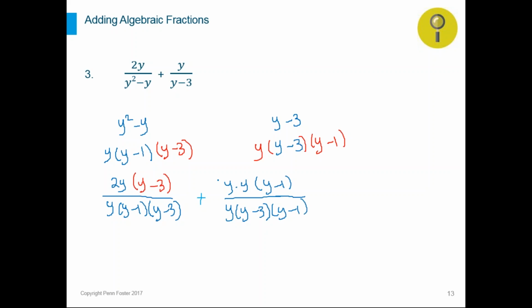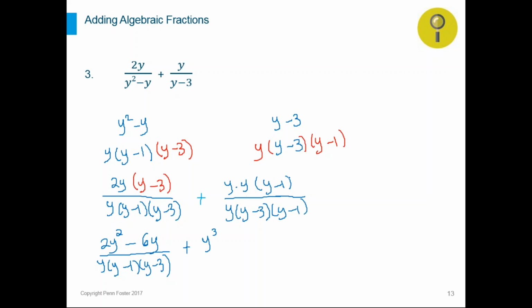Simplify both numerators. So 2y times y is 2y squared, minus 2 times 3 is 6y, and then over the denominator, plus. I have y squared, because y times y is y squared, times y gives you y cubed.